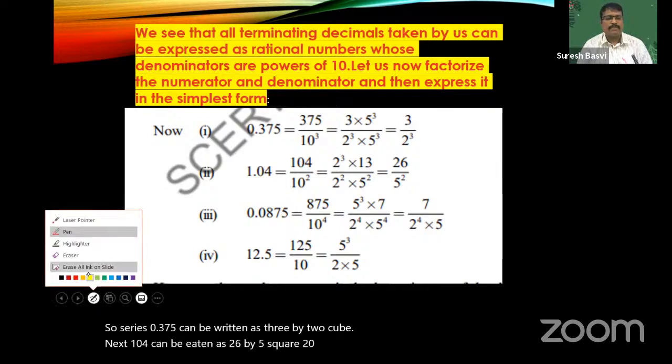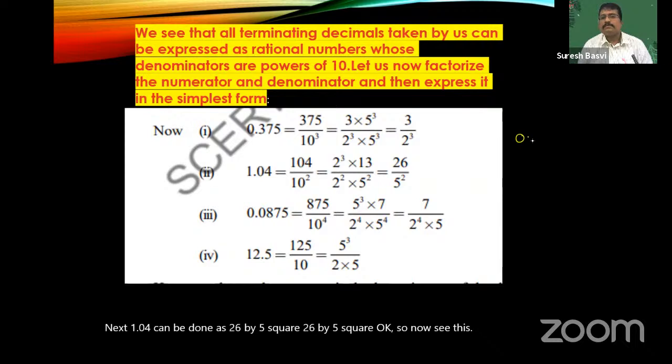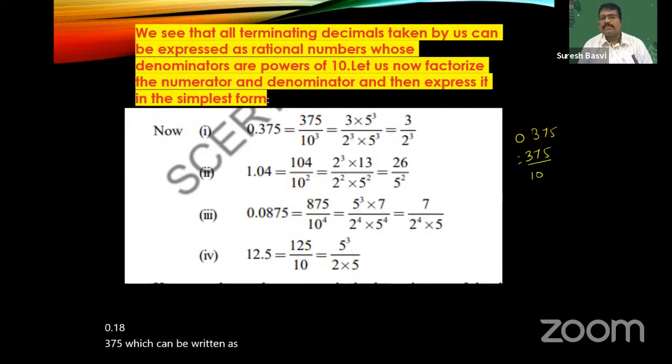Now see this: 0.375 can be written as 375 by 1000. 5 7s are 35, 5 5s are 25, 5 2s are 10. Next 5 5s are 25, 5 3s are 15, and so on.